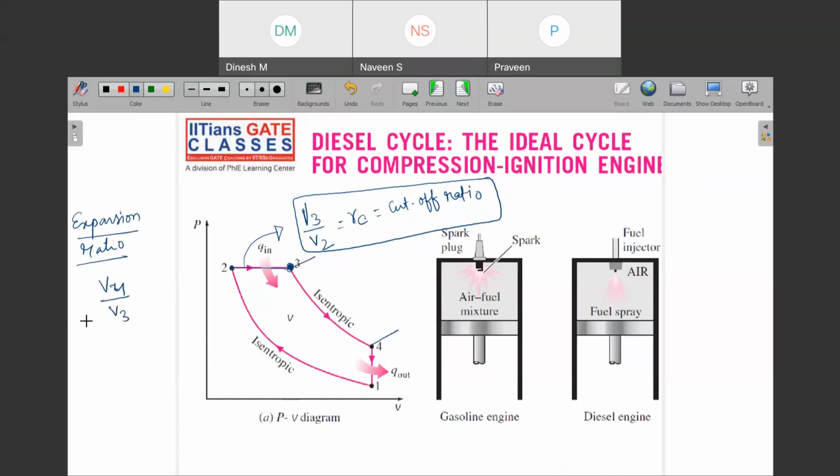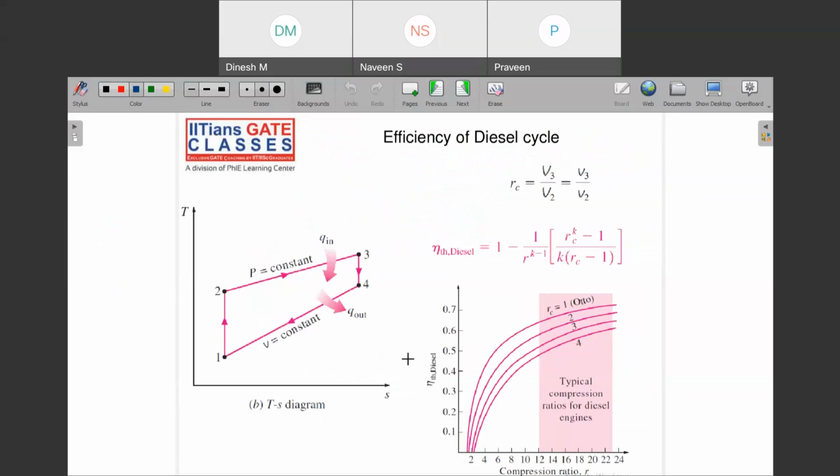Okay. So let us now move to the efficiency part of the diesel cycle. I have shown you what the compression ratio is. So let us again work with the efficiency.